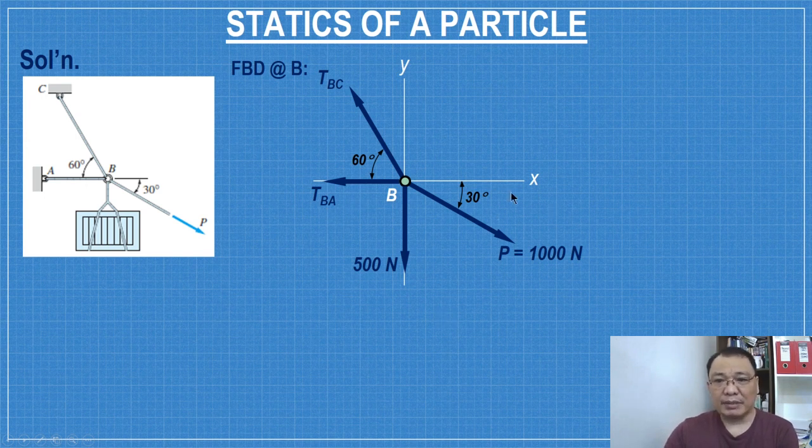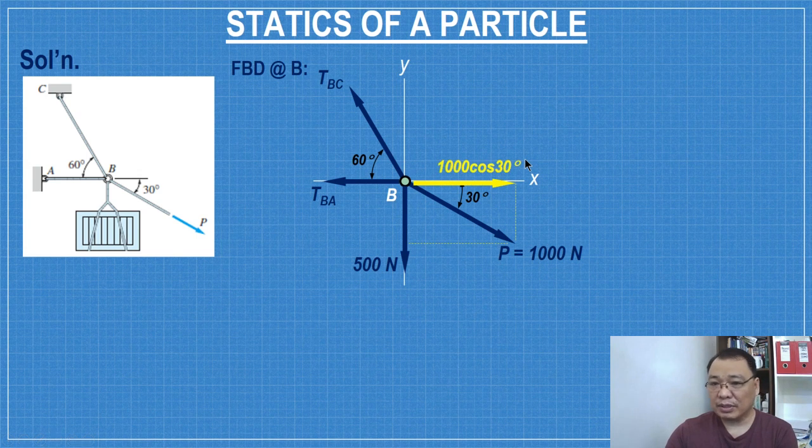After this, make sure that all forces are either horizontal or vertical before you use the conditions. Therefore, for all inclined forces such as P and TBC, you have to resolve these forces into X and Y components.